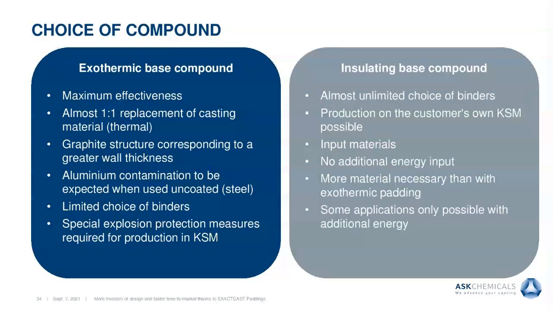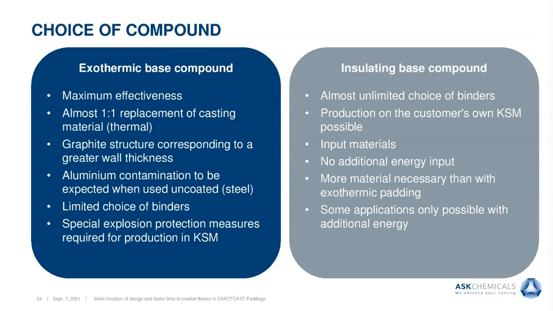On the other hand, you have an insulation-based compound. There you have an almost unlimited choice from the binder point of view. You can more or less easily shoot this on your own core shooter. The materials used in the insulating base compound have a neutral or inert behavior, which means no reactive materials are inside. So this is a big point.